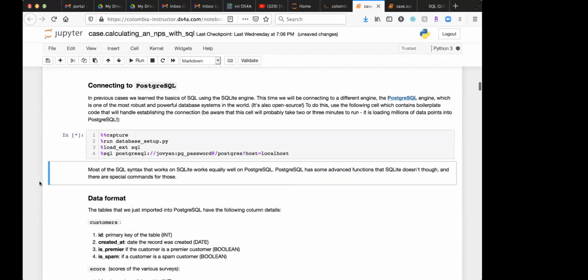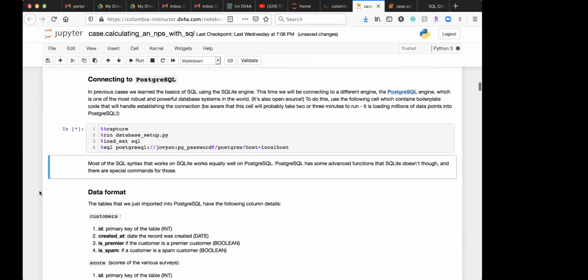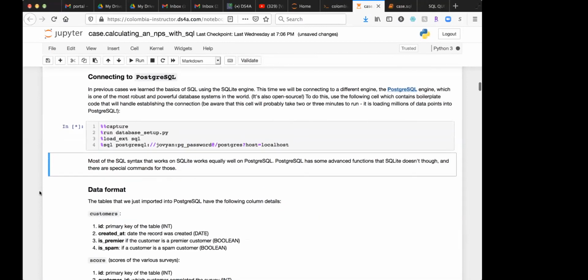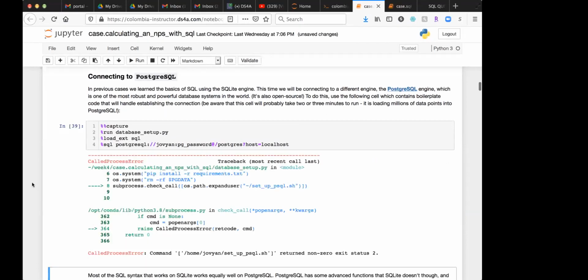That cell is going to install Postgres and load the data, but everything is hidden inside that database underscore setup.py script. If someone wants to understand what we are doing, we are summarizing all the installation process and the data loading in that script. That's why that cell is taking a lot of time. But okay, setup returned 0.